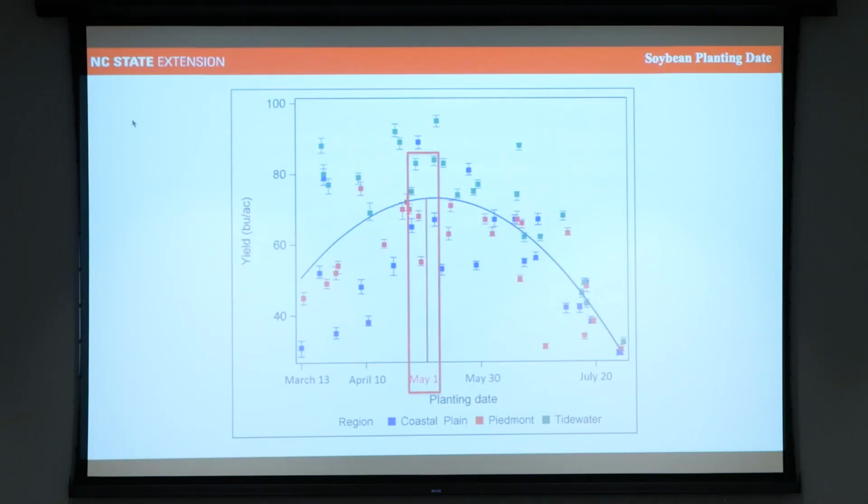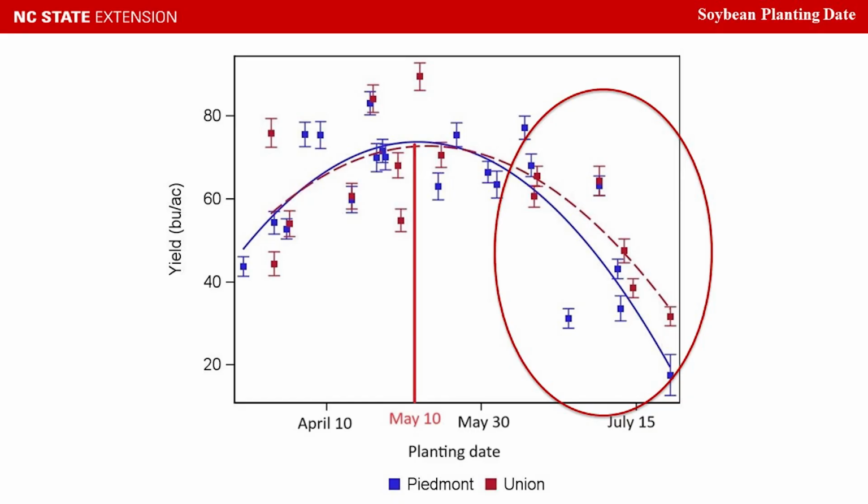So I'm going to show you this graph just for Union County and compare it to the other parts of the Piedmont. I want you to raise your hand and guess what the single best planting date for soybeans in Union County is. Okay, May 10th. And that is correct. It is May 10th. I don't think I've shown this slide before, so nice job.